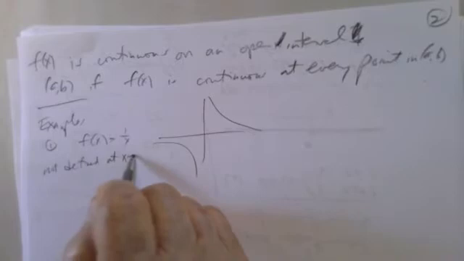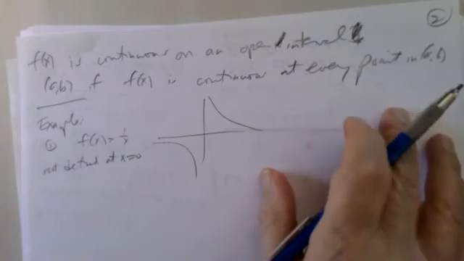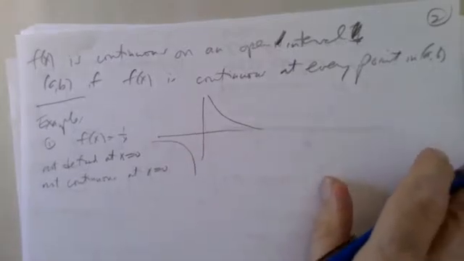So here's some examples. Suppose we look at f of x equal 1 over x. So the graph looks like that. This function is not defined at x equals 0. You can't divide by 0. So the function is certainly not continuous at x equals 0, because it can't be continuous where it's not even defined.